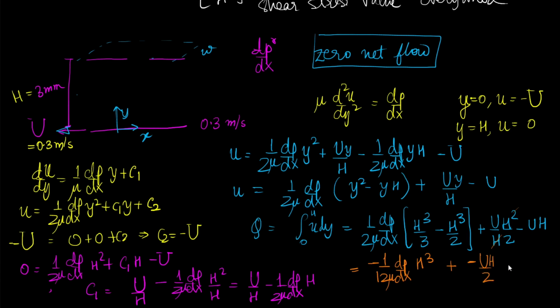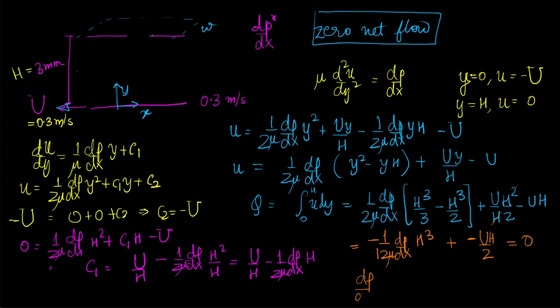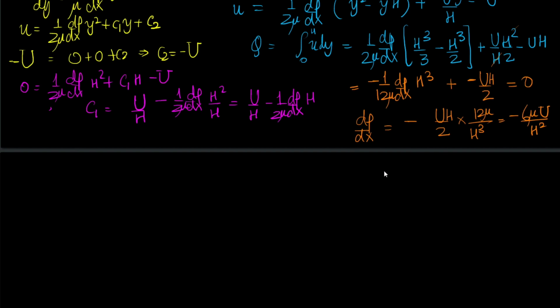So if this flow rate has to be equal to 0, then the pressure gradient comes out to be minus of U upon 2 times 12 mu upon h cube. So this becomes minus 6 mu U upon h square. So if we plug in the values, it is minus 6 times the viscosity of water at 60 degrees Celsius.